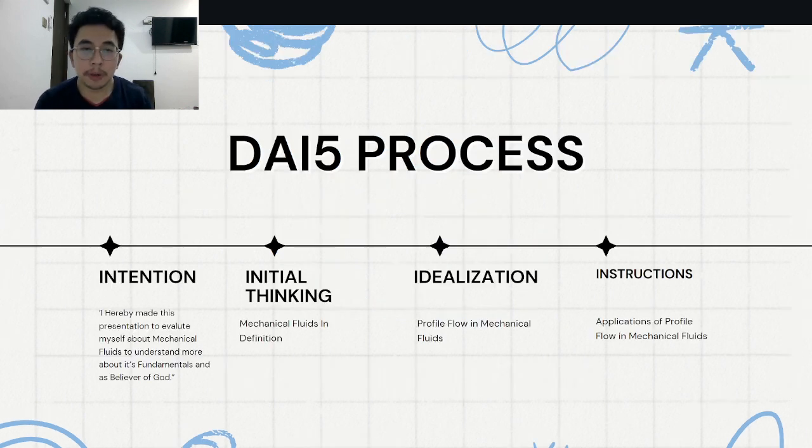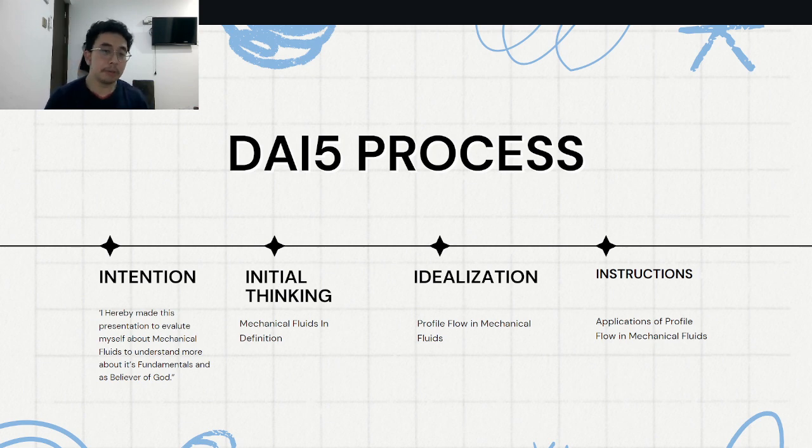So this is the frame. This is the I5 process, which is intention, initial thinking, idealization, and instructions. In my intentions, I made this presentation to evaluate myself about mechanical fluids, to understand more about its fundamentals, and as a believer of God.